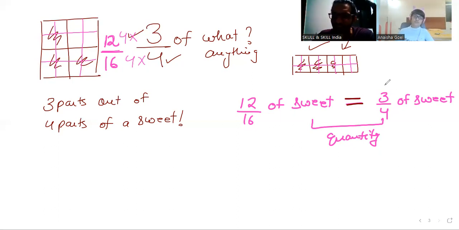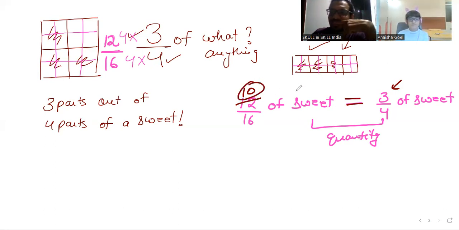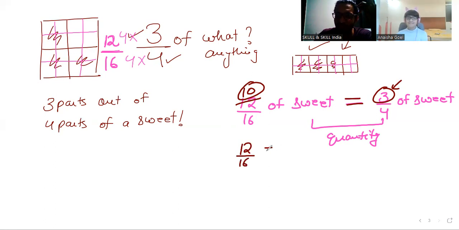I don't know if your brother does not understand this, so you can always do this. इसको 12 को हटा के you can just give him 10 parts out of 16 and you take 3 out of 4 in the other piece of sweet and you're like, bro, तुमको ज्यादा दिया है ना. क्योंकि उसको लगेगा कि 10 parts मिले हैं मुझे, और अनायशा को तो सिर्फ... he wouldn't understand that 12 out of 16 would be same as 3 out of 4, if he doesn't understand that, right?